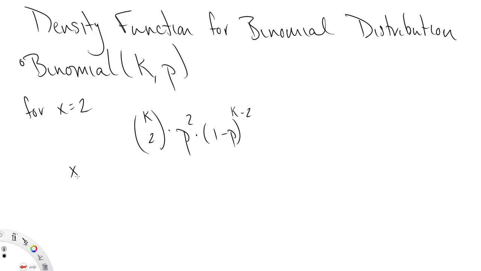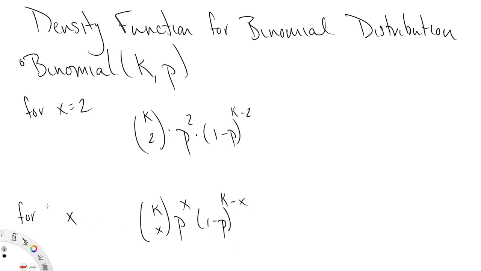Okay, so let's generalize that just a little bit. For x, whatever x might be, it could be any integer 0 to k. There are k choose x ways to observe x 1s. Since we got x 1s, we have p to the x, and then (1 minus p) to the k minus x.